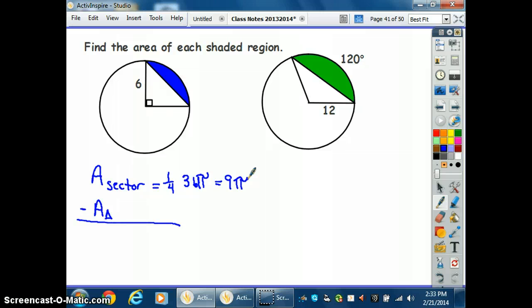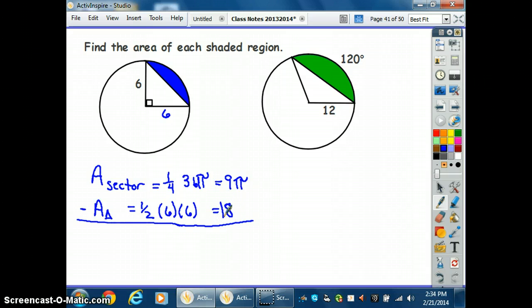And then our area of our triangle, well, look, that's a radius. So this is a radius, so this also must be 6. So the area of our triangle is 1/2 6 times 6, and that gives me half of 36, which is 18.